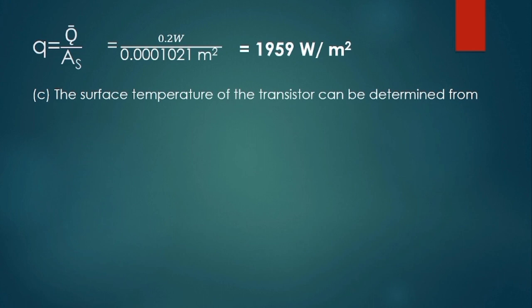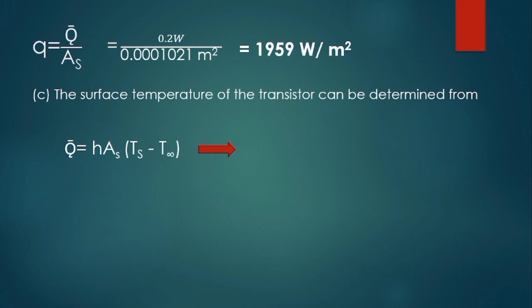Then next, we're going to find the surface temperature of the transistor, which can be determined from the equation of heat. Power transistor is equal to the combined convection and radiation heat transfer coefficient times the area of surface times the surface temperature minus the temperature of the fluid sufficiently far.